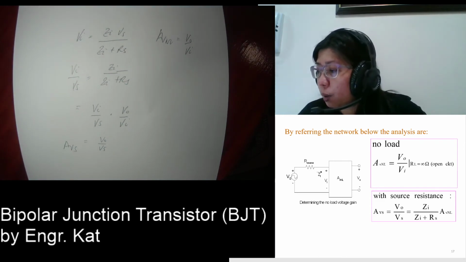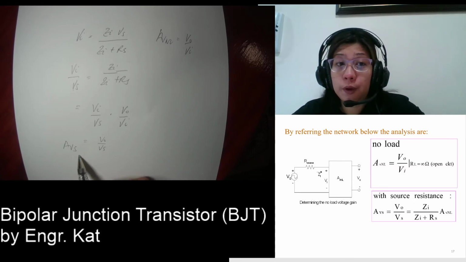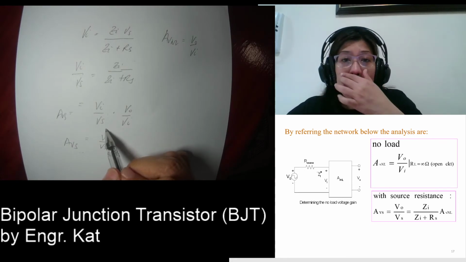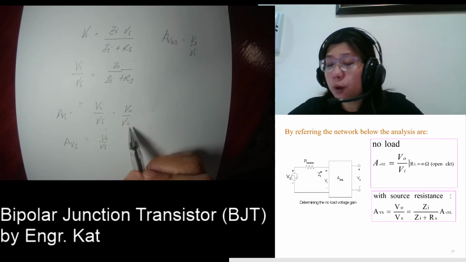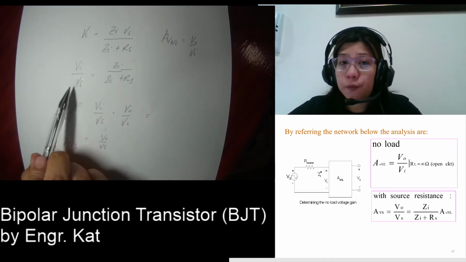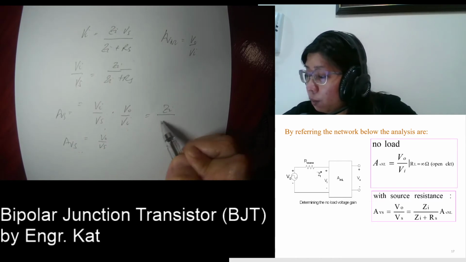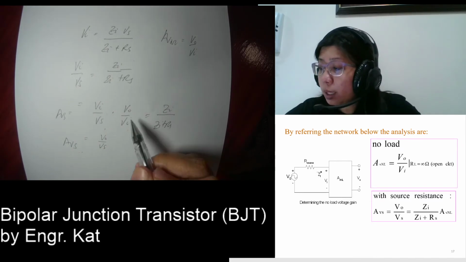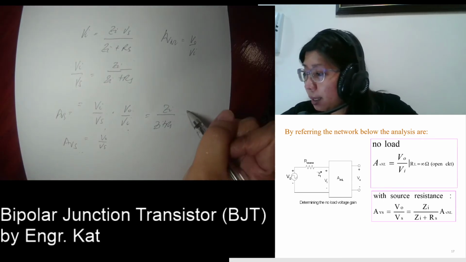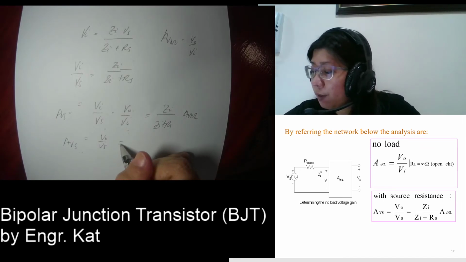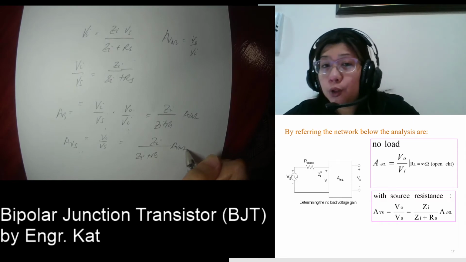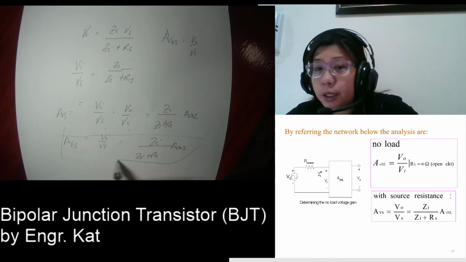What is AVS? AVS is VI over VS times VO over VI. VI over VS is ZI over ZI plus RS. VO over VI is equal to AVNL. Therefore, your AVS is equal to ZI over ZI plus RS multiplied by the no load voltage gain. So what is the importance of this, class?